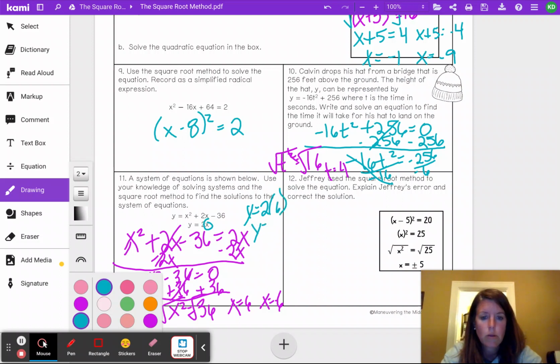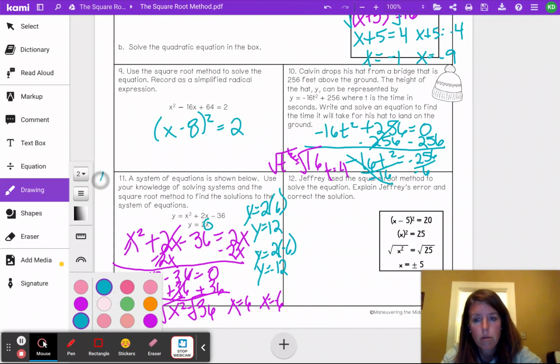And that's y equals 12. But we also have to put in the negative 6. So y equals 2 times negative 6. So y equals negative 12. So our two solutions, if we put them together, our input and our output, would be 6, 12, and then negative 6, negative 12.